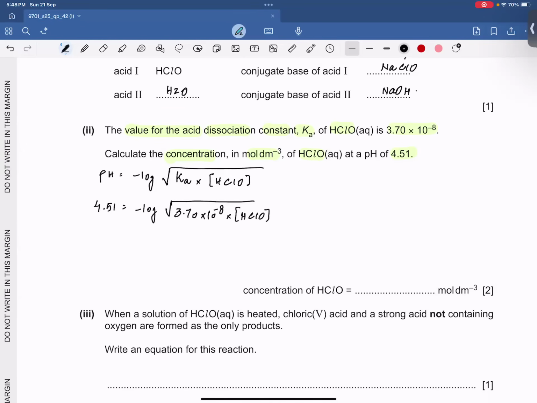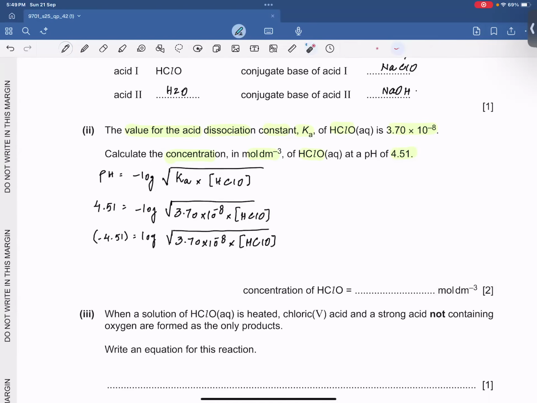We have done such sort of question in the class. I hope you remember that. So obviously the concentration of chloric 1 acid from here is going to be, okay, let me solve this. In class, I've given you the steps. Let me show you the steps one more time. This is minus 4.51 equals log under root 3.70 into 10 to the power minus 8 into concentration of chloric 1 acid.